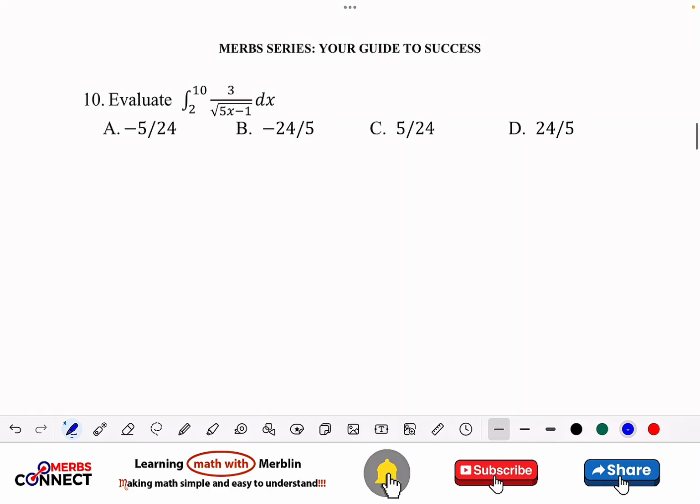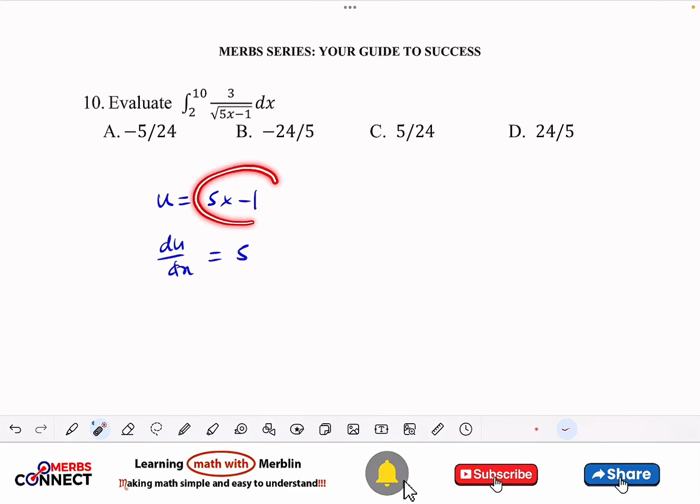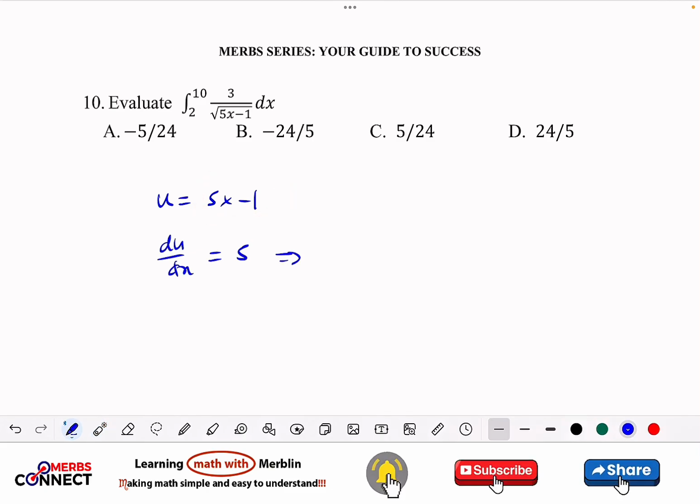Let's look at question 10. What can we do with question 10? We can do integration by substitution, right? I'm going to let u be equal to 5x minus 1, and then du over dx will be equal to 5, when I differentiate this, which implies that dx is equal to du over 5.